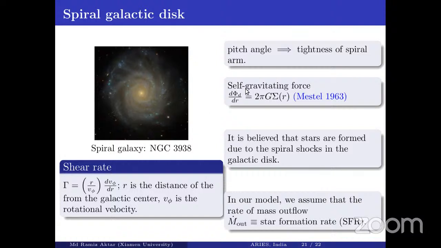So for the galactic disk, we need the self-gravitating force, because the mass of this accreting disk is not negligible compared to the center of this galaxy. It is almost comparable, or maybe very close to the central object. So we cannot ignore the gravity effect of the accretion disk.